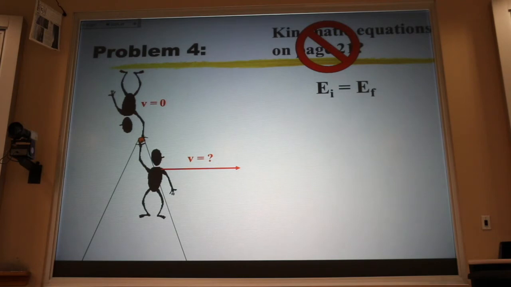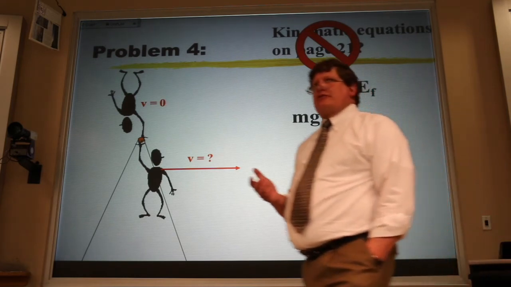If we assume that the energy lost in the friction or through the air resistance is small, then we can solve this problem. Now, the initial energy is gravitational. He's not moving up there, so it's not kinetic. Now, what is the height? Well, that depends on our coordinate system.